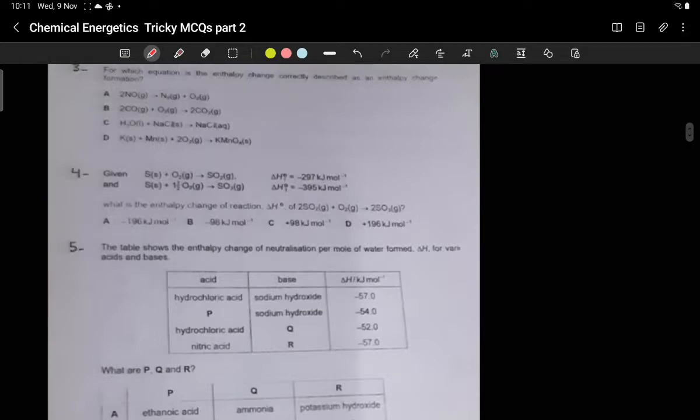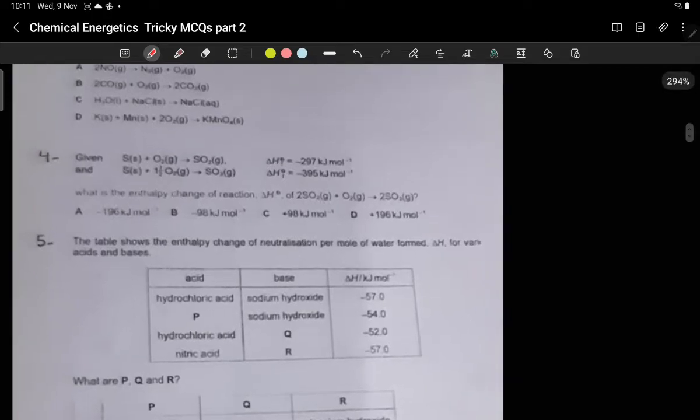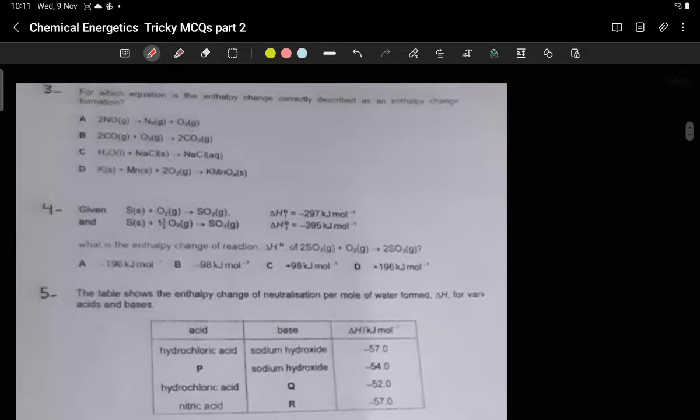Next question, question number 3: for which equation is the enthalpy change correctly described as an enthalpy change of formation?